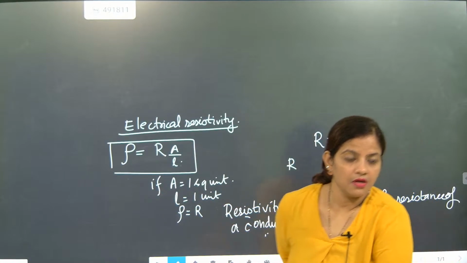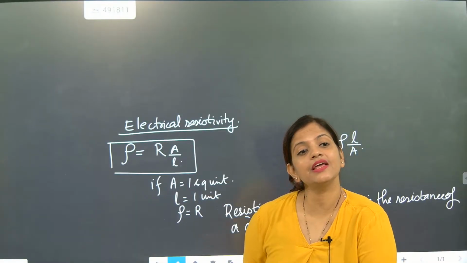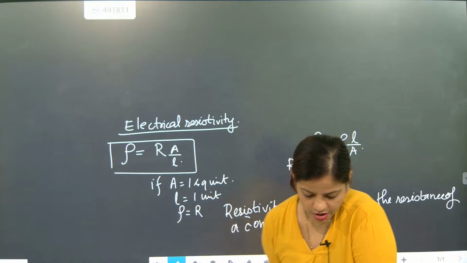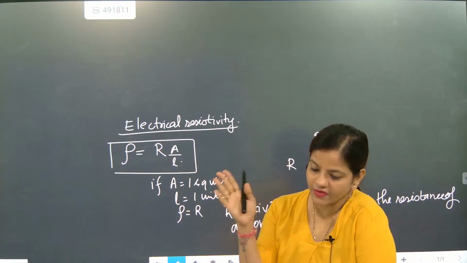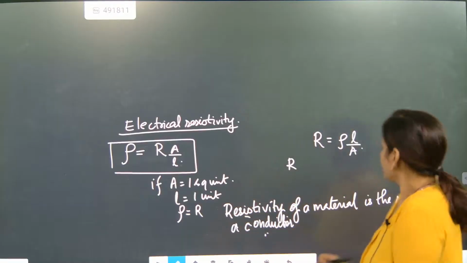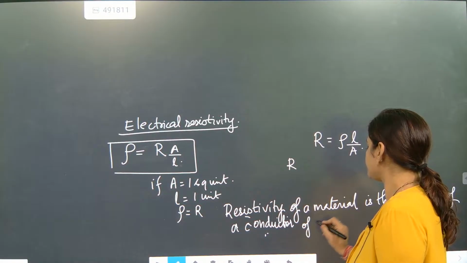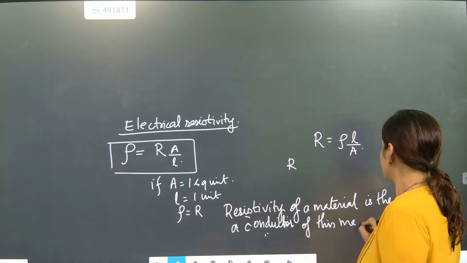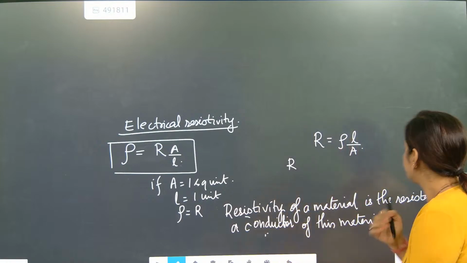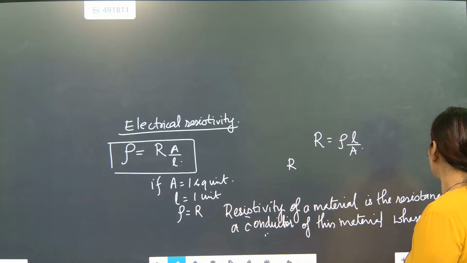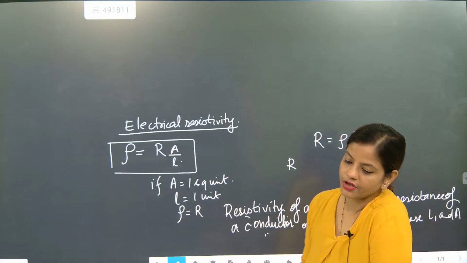When? Yes, when both length and area will be unity. Understood? It will be exactly 1 unit. So of a conductor of this material whose length L and area of cross section A are both unity.